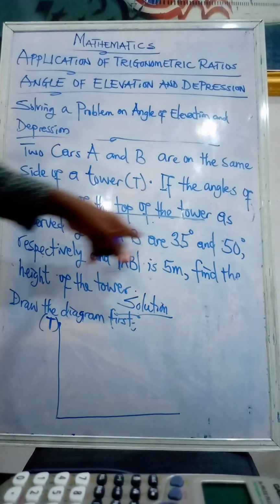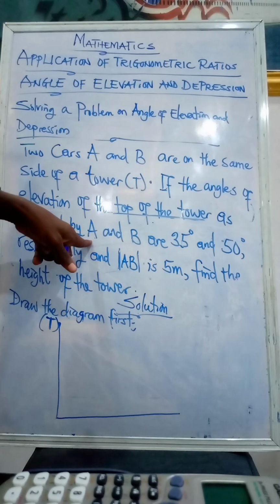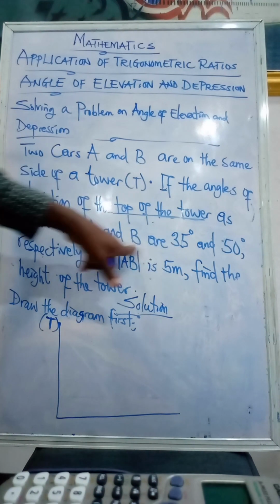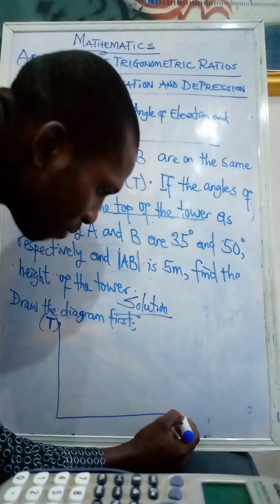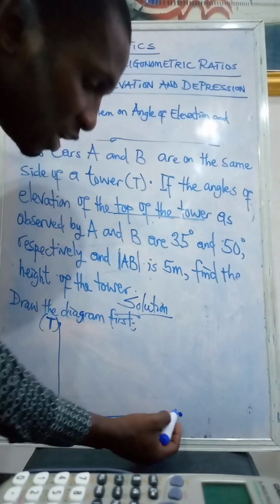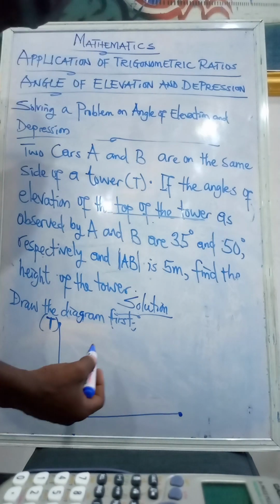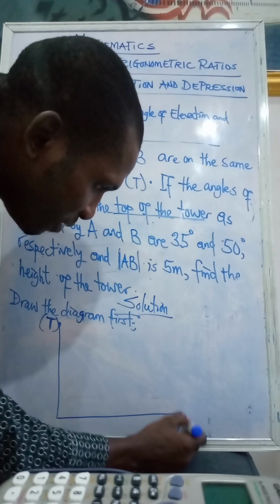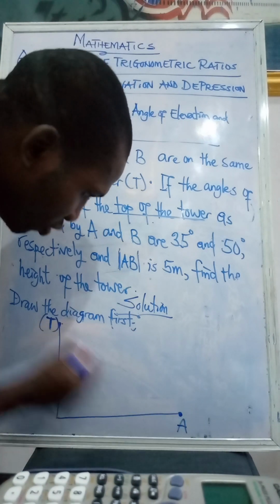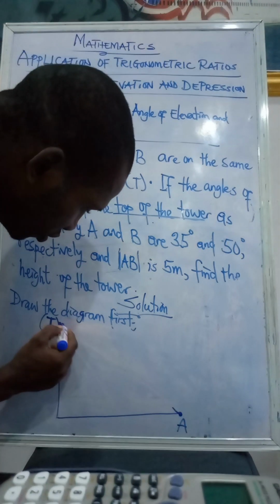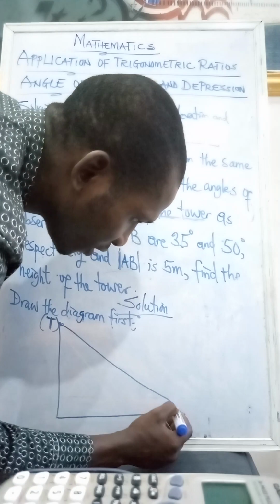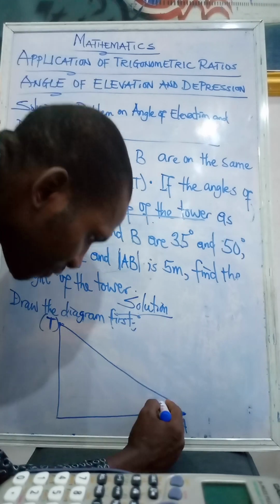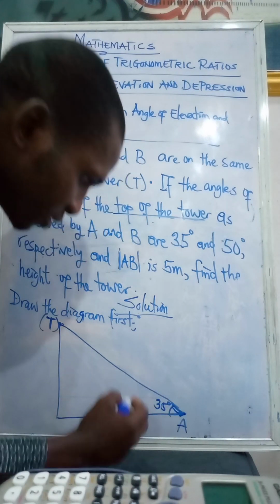So the angle of the top of the tower as observed by A. They mention A first, so A is 35 while B is 50. Remember, angle of elevation is when you are looking up at an object. So from A, I'll consider this place as my A. A will look up to the tower, so the angle is 35 degrees.